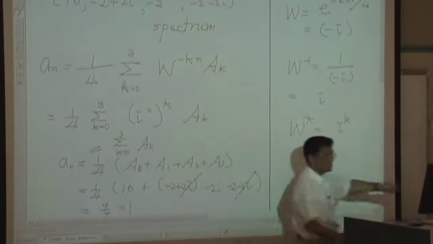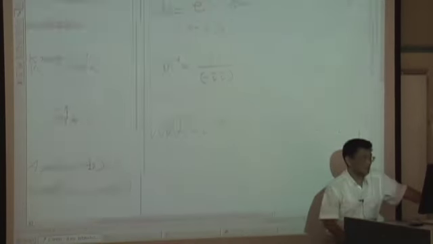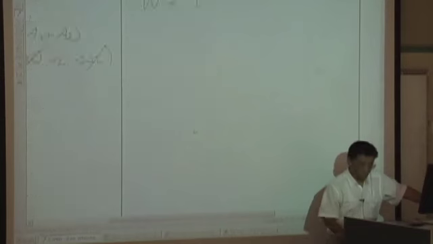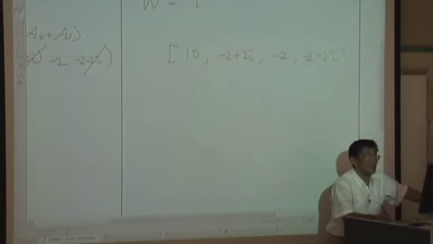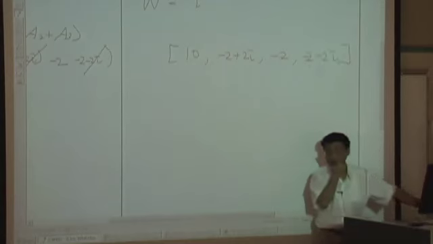So in a real situation, I will really sketch the case that we did. We had this kind of spectrum. We had 10, minus 2 plus 2i, and then minus 2, and then minus 2 minus 2i. We had this thing.